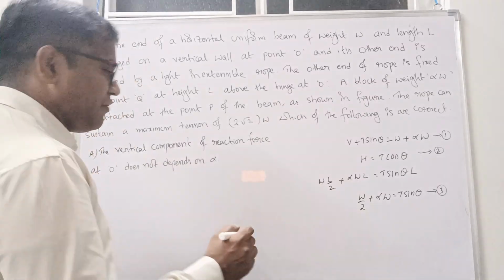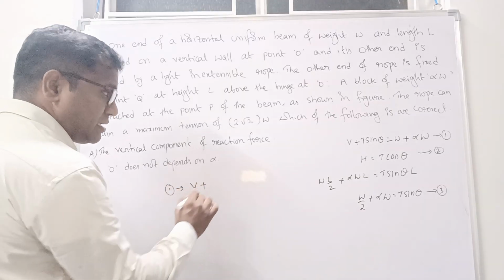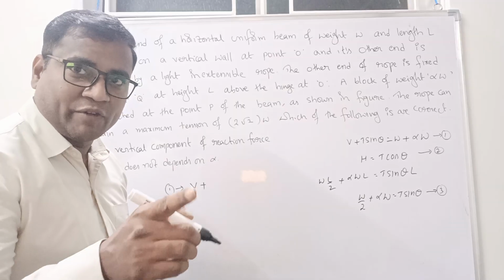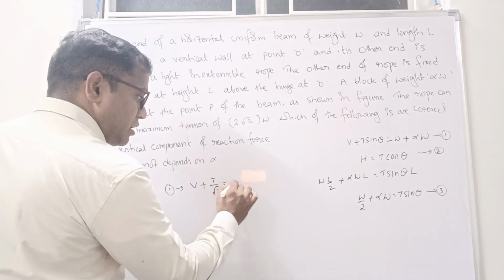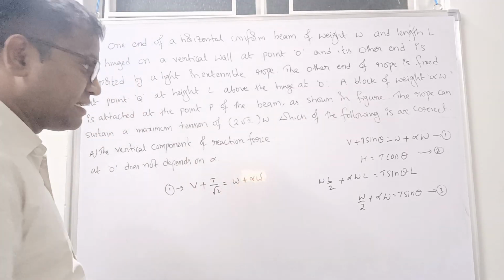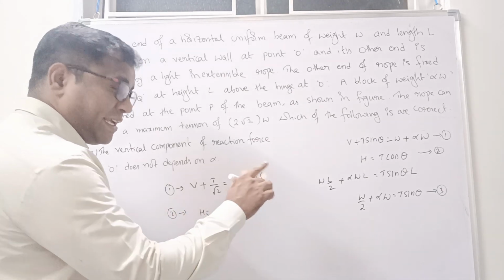Just see here. What is the first one here? V plus T sin theta. I already told you theta is 45 degrees. Sin 45 is 1 by root 2. So here T by root 2, which is equal to W plus alpha W. Clear? And the second equation, H is equal to T cos theta.